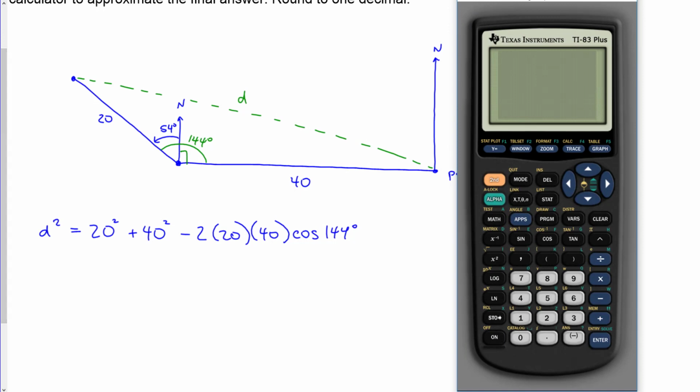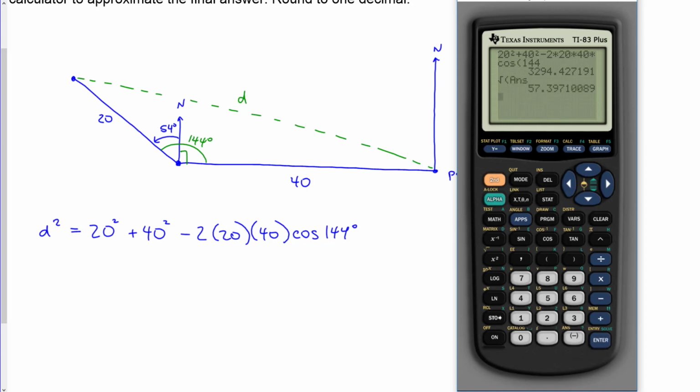So get out the calculator, let it do its thing. So 20 squared plus 40 squared minus 2 times 20 times 40 times the cosine of the angle between, and we take the square root of that.